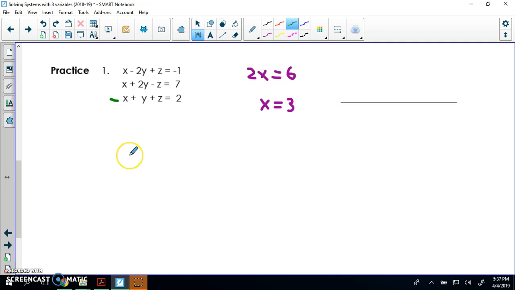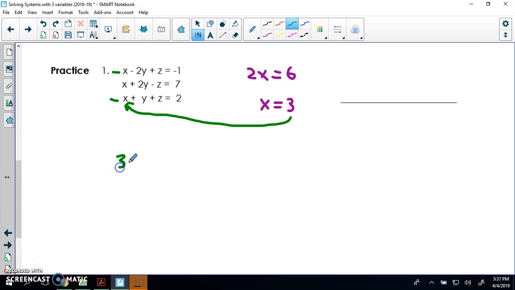So I'm going to pick this one and let's go with this one. All right, it doesn't matter which two you take, just don't retake the same two we already combined. So now I know x is 3, so I'm going to put a 3 into my x's. I'm going to do the top one first.